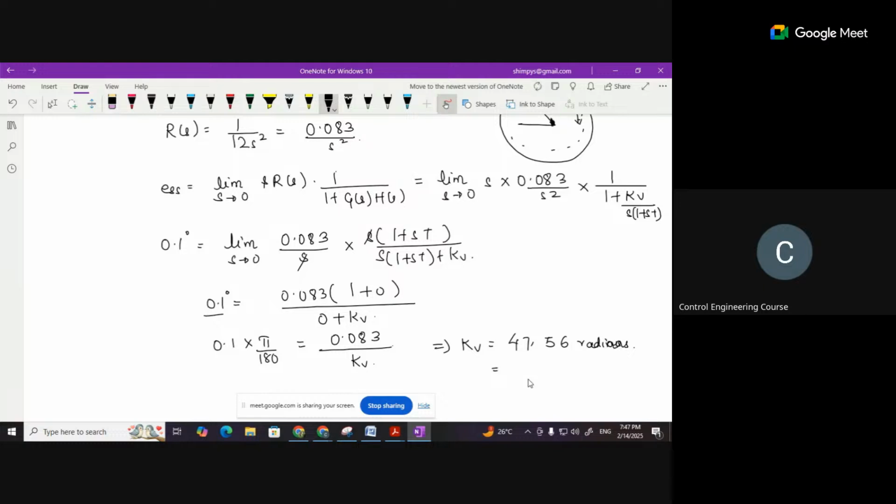So let us do now some problems on controllers and stability. I guess we will be short of time.